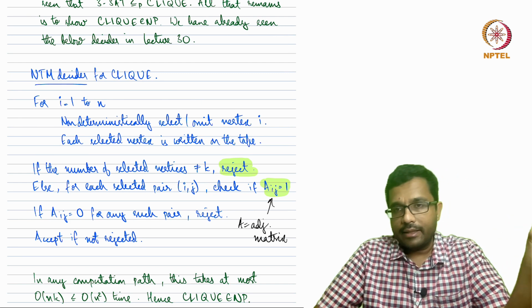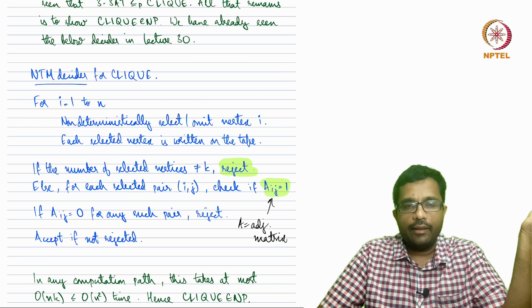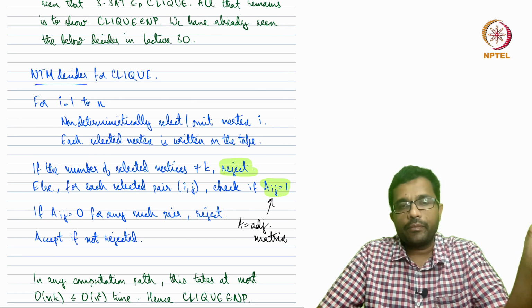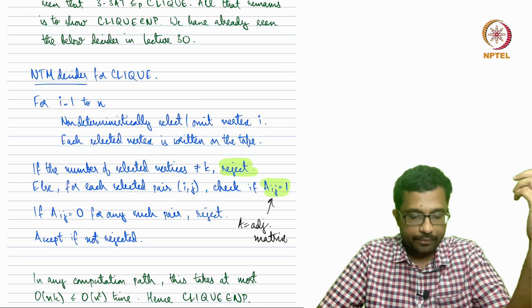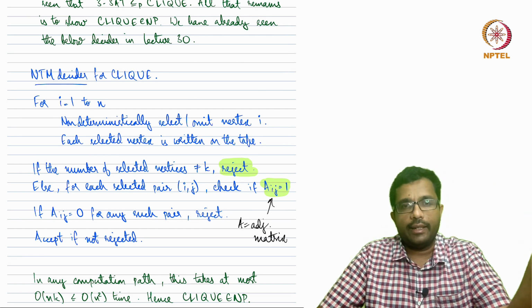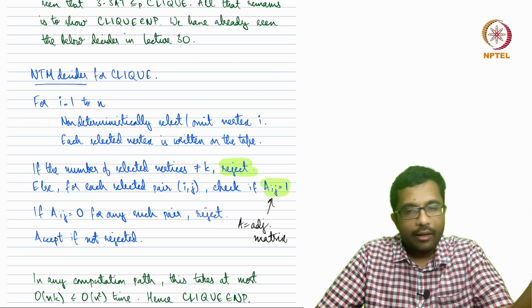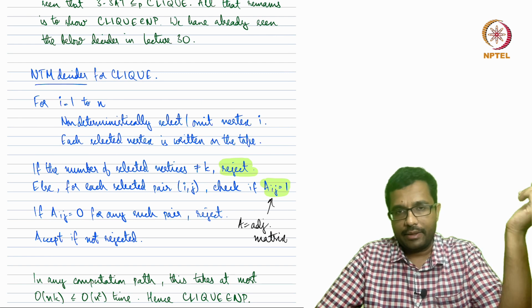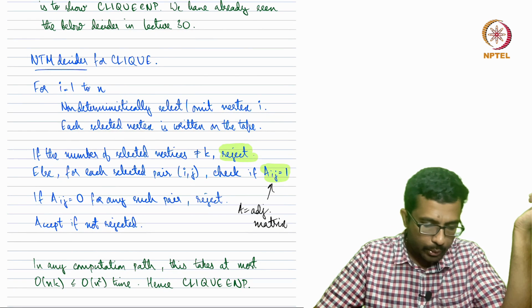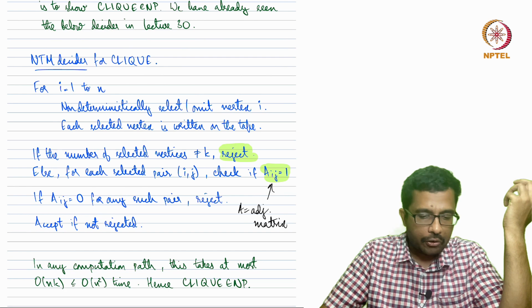So if for any i, j, Aij is 0, or in other words there is no edge between i and j, then we reject. If all of them are adjacent, we accept. So this we had seen, and it's clear that it's a non-deterministic process, right?